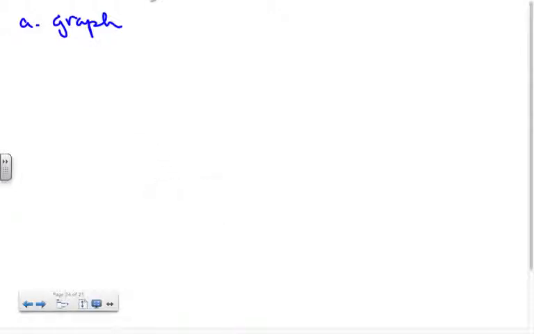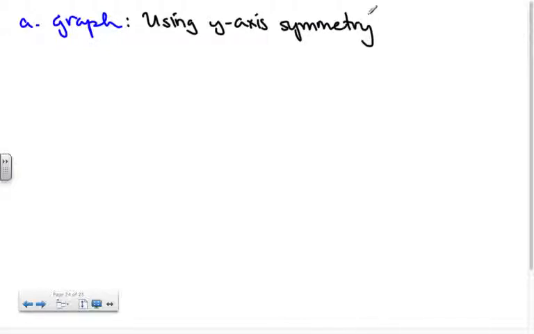Now, you guys will have a graphing calculator. Using the y-axis symmetry test, you can show that this happens to be true.